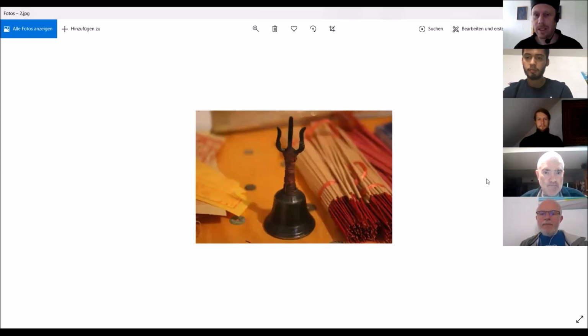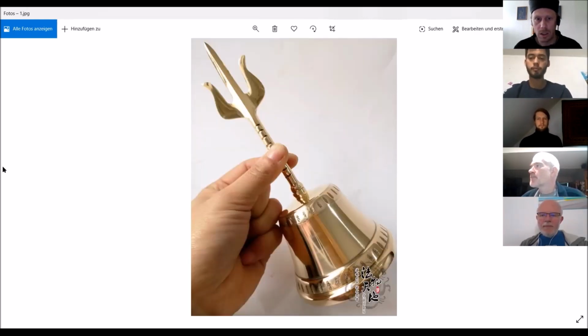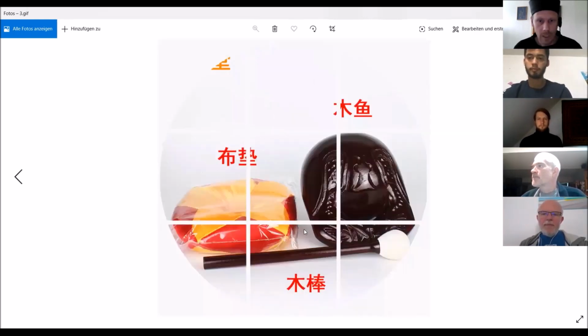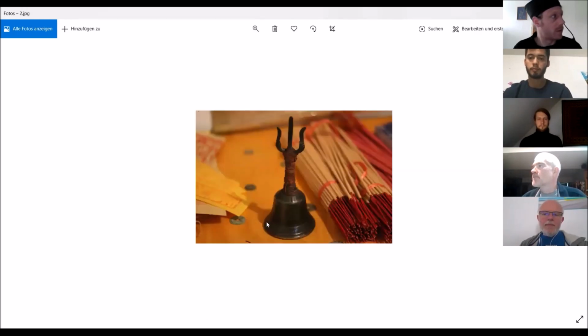This one is a little older, as you can see, it is already used, and on the side there are some symbols.